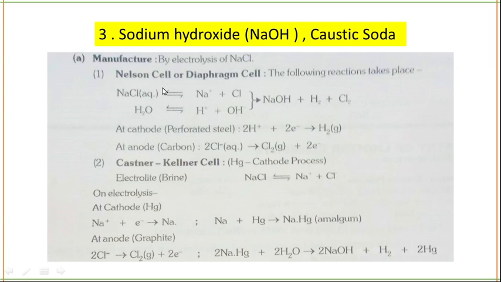So these are the important steps which take place in the Nelson cell or diaphragm cell, and in the case of number 2, the Castner-Kellner cell or the Hg cathode process.